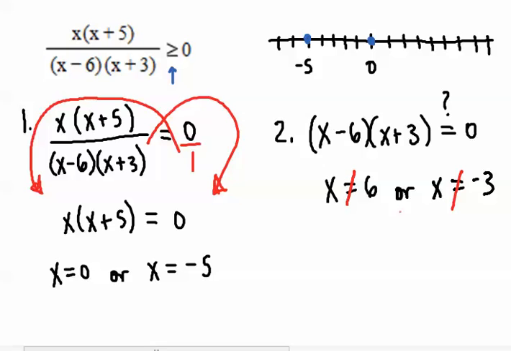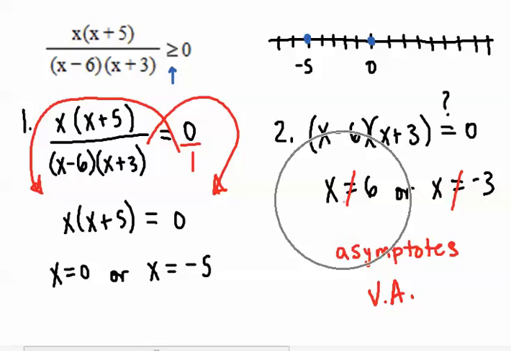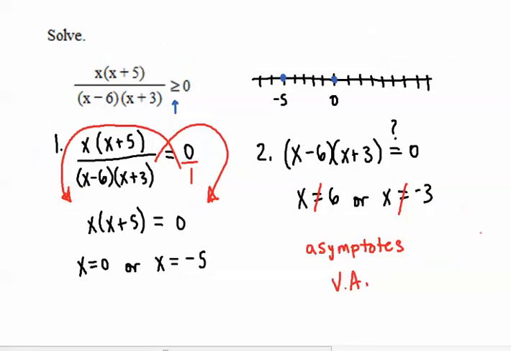Those would be asymptotes. I know we haven't really used that word before, but it's fair to give it to you. Asymptotes. And they'll technically be vertical asymptotes. So remember that the equation of a horizontal line is in the form y equals a number, and the equation of a vertical line is in the form x equals a number.